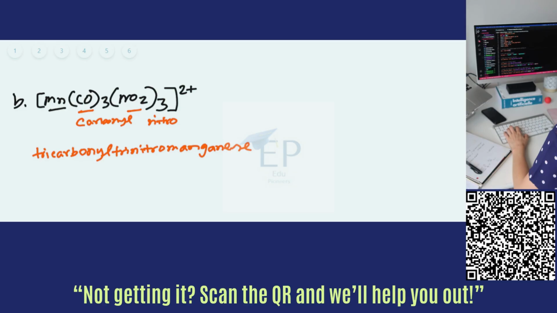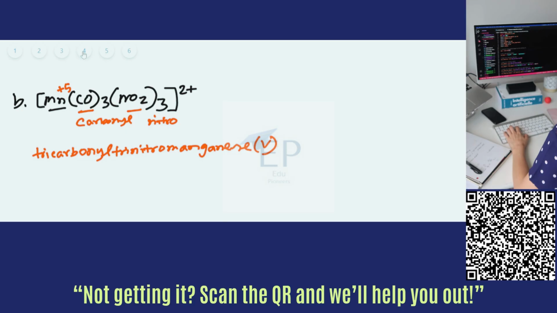And the charge on manganese here is 5, so (V). You can calculate the charge on the central metal atom by a formula we have already covered in the previous problem. So tricarbonyltrinitromanganese(V) is the name for this complex.